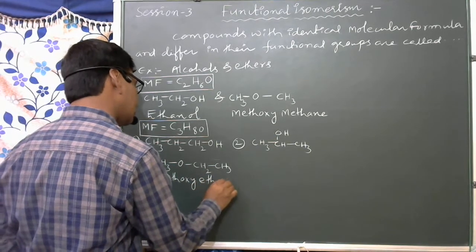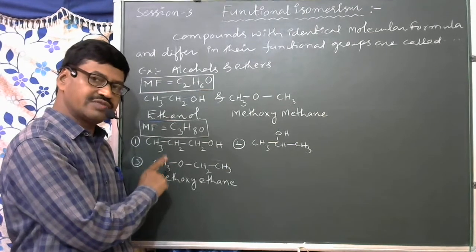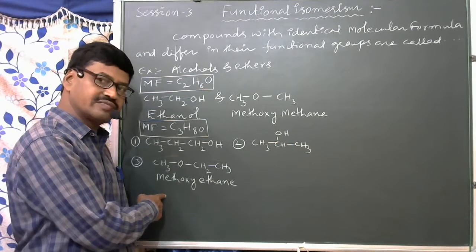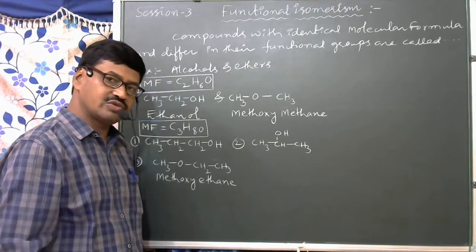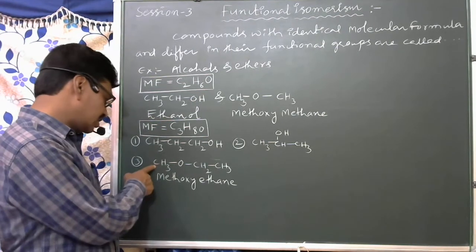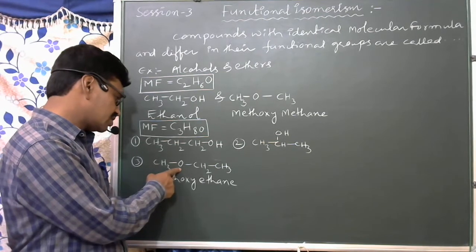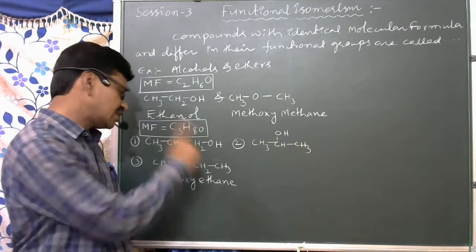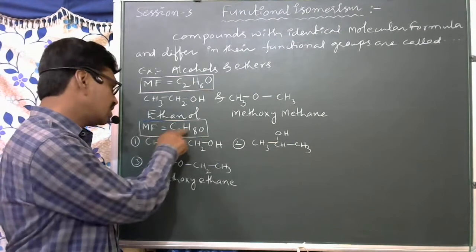Always while writing IUPAC name for ethers, the alkyl group with less number of carbons goes with oxygen and should be pronounced as alkoxy. And the other side with more number of carbons containing alkyl group should be pronounced as alkane. So alkoxy, alkane. Here this side less number of carbons, that is 1 carbon, so methoxy written along with oxygen, and 2 carbons containing alkane is ethane. Otherwise simply ethyl methyl ether. These are the different compounds with respect to C3H8O.